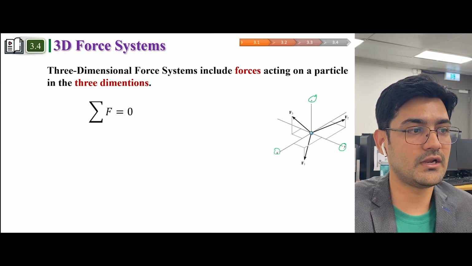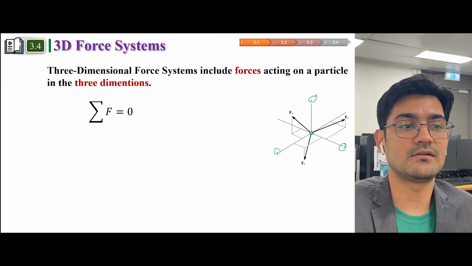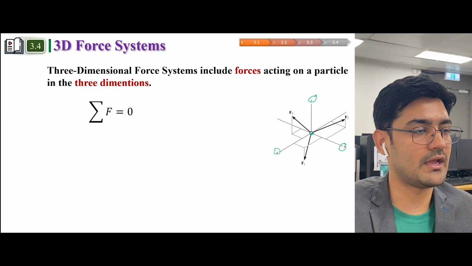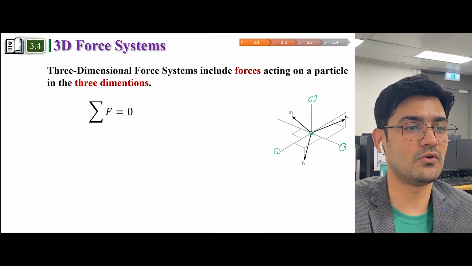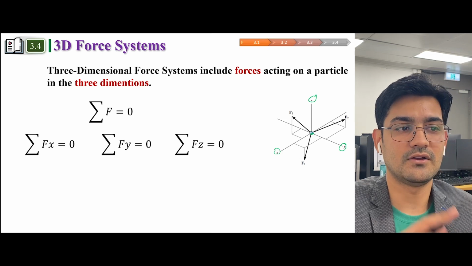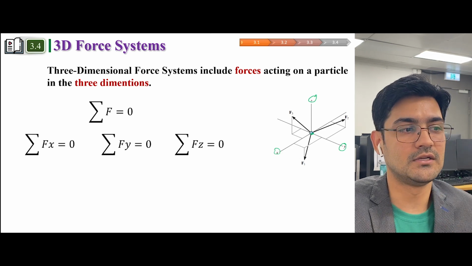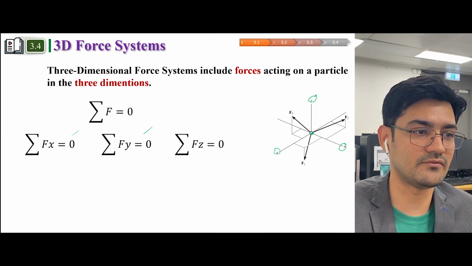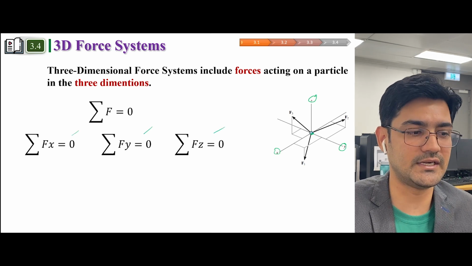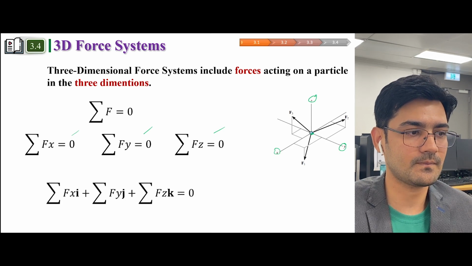So same for a particle to be in an equilibrium state, you can calculate by summation of all the forces is equal to 0. But in this case, we have 3 components. So you will have 3 equations. Summation of f of x is equal to 0, summation of f of y is equal to 0, and summation of f of z is equal to 0.